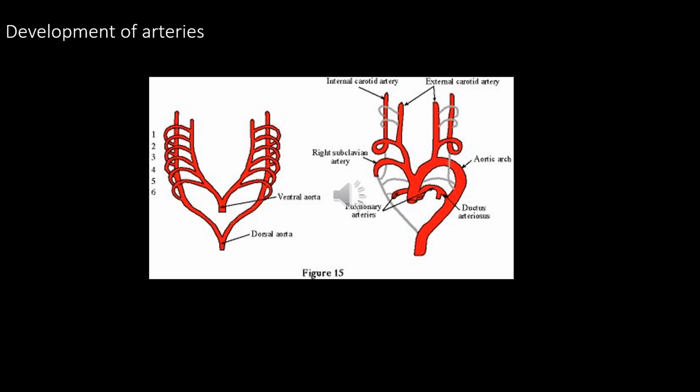So the beginning of the truncus is called ventral aorta. So this is a further description of the truncus arteriosus, which will give rise to the aorta and the pulmonary trunk.